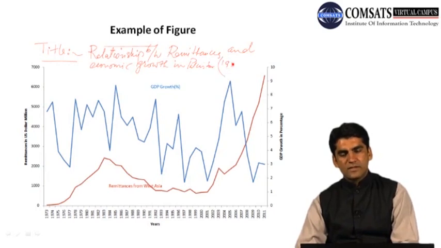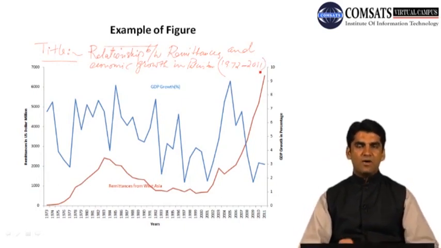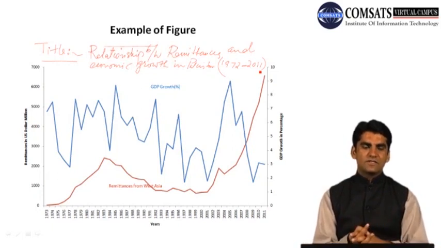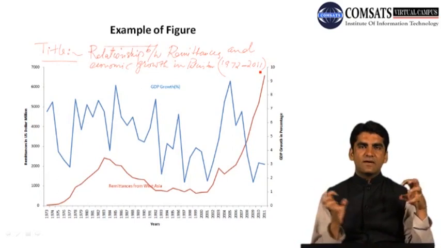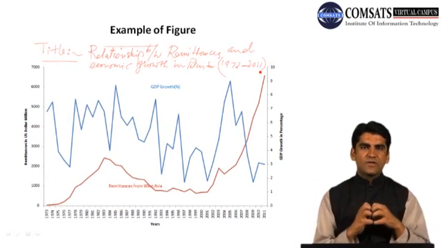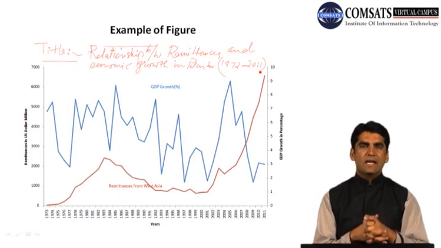In bracket you can write it is from 1972 to 2011. So somehow we are in a position to see the meaning of the graph is that we are trying to relate economic growth and remittances, and that is for Pakistan and also for the period 1972 to 2011.